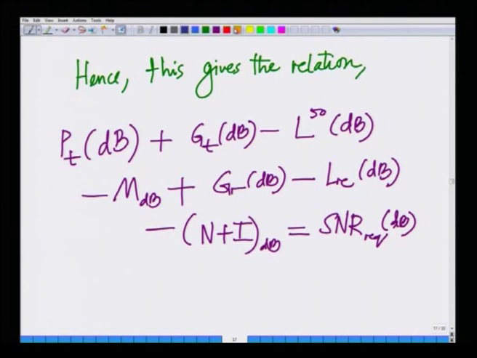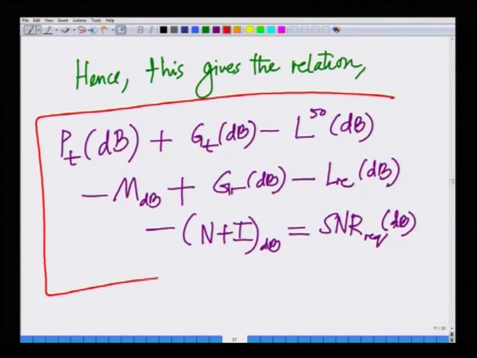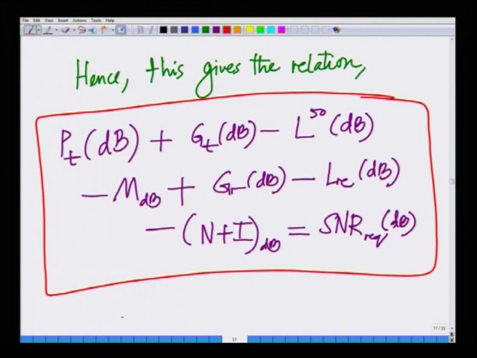So, this is the first link budget expression, this is the link budget.